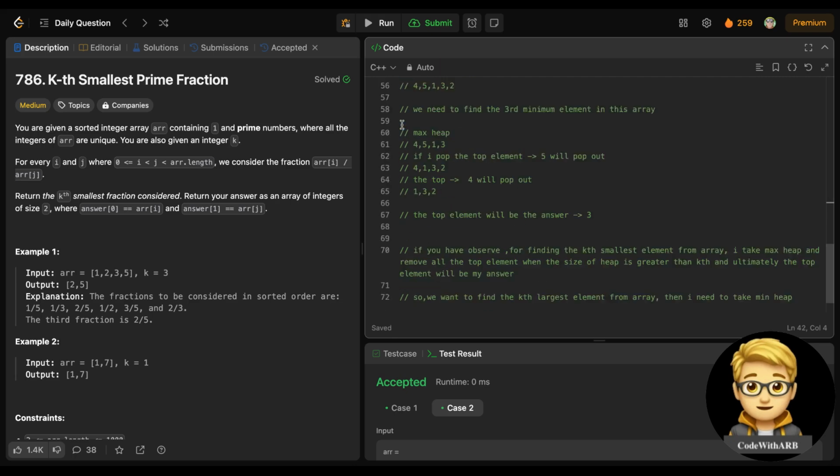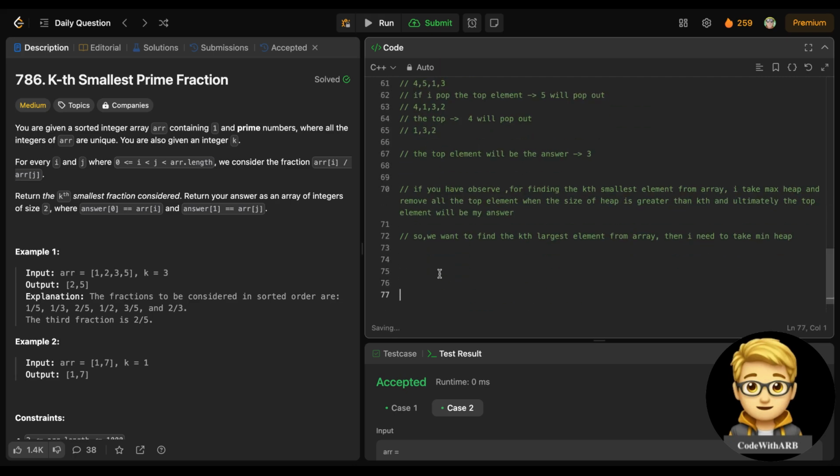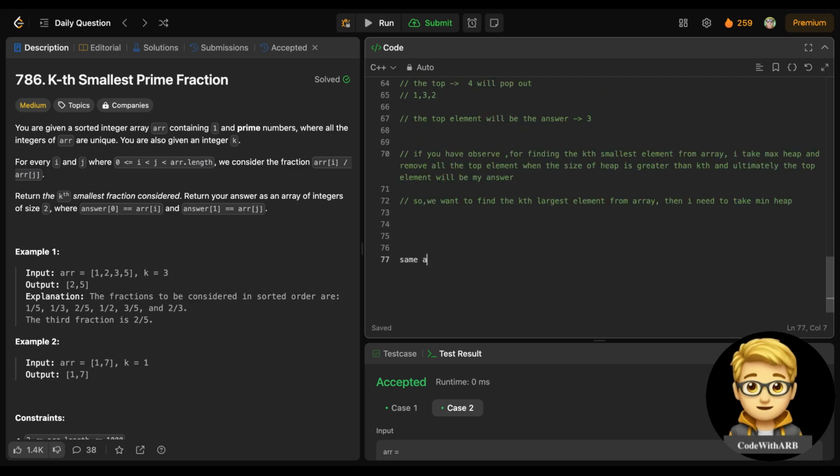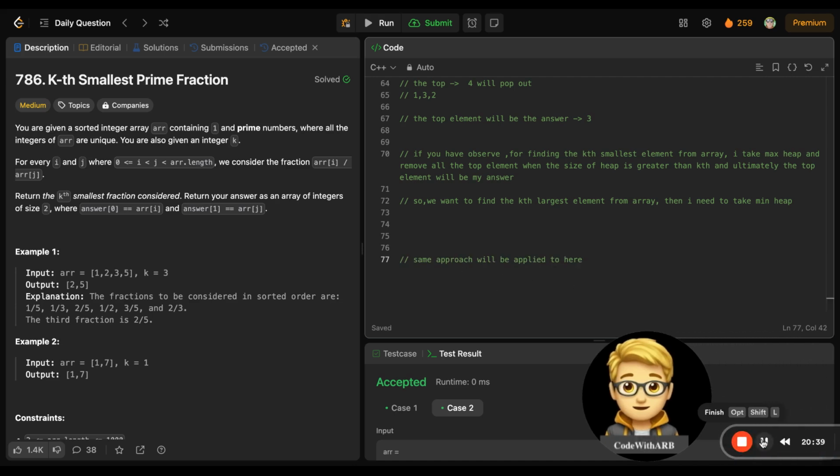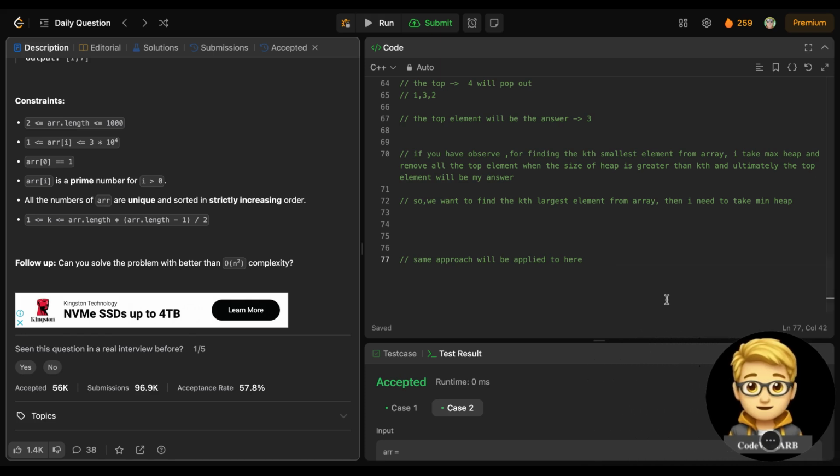So the same approach will be applied here.